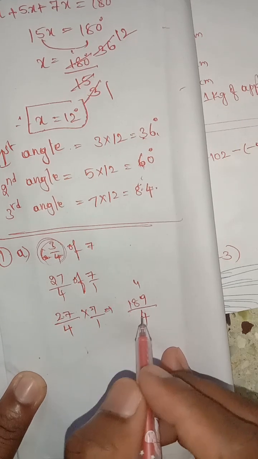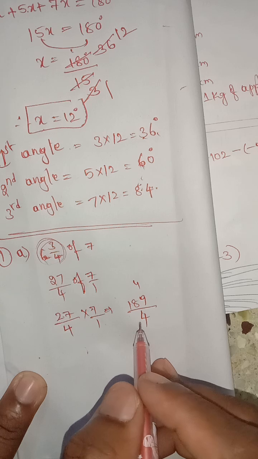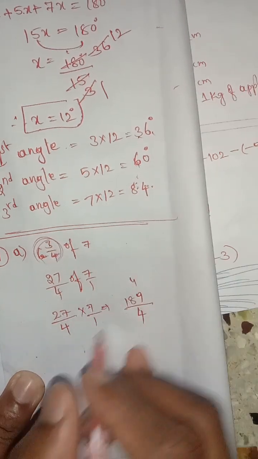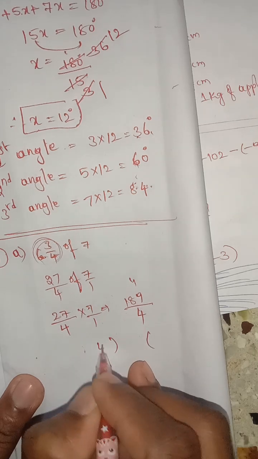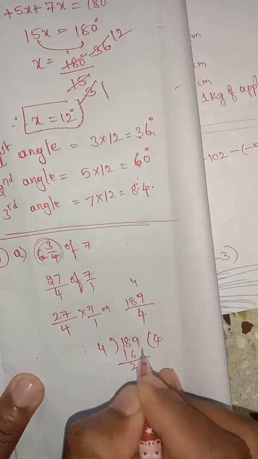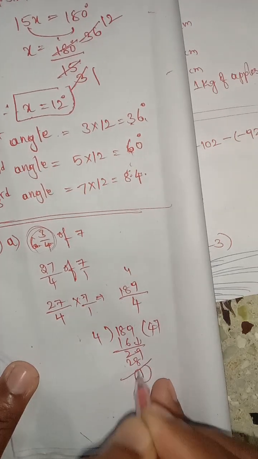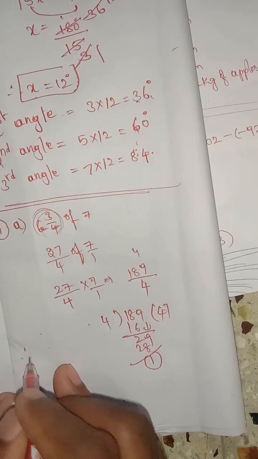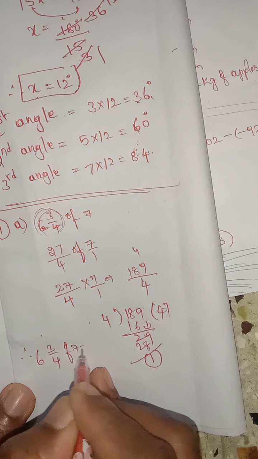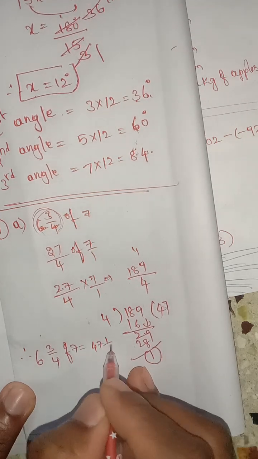This is an improper fraction; convert it into a mixed fraction. 4 fours are 16, 4 sevens are 28, so 1 is the remainder. Therefore 6 whole 3 by 4 of 7 equals 47 whole 1 by 4.